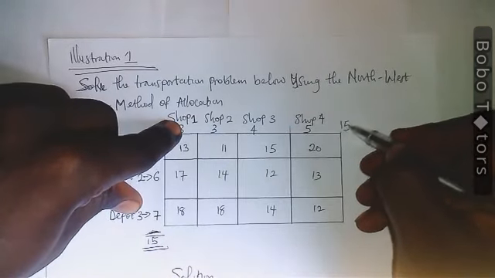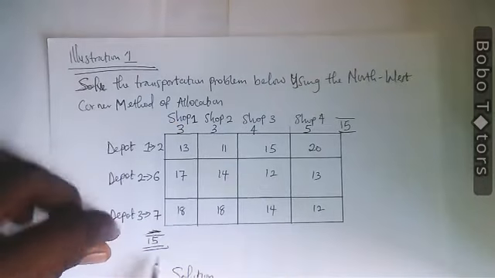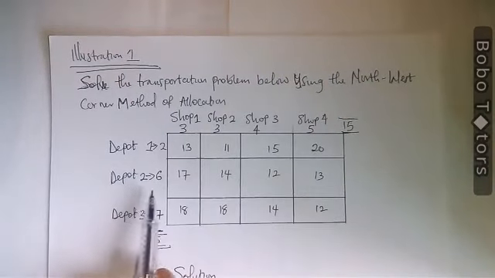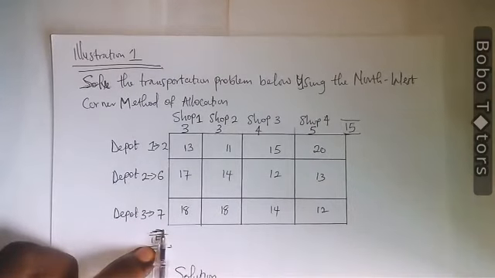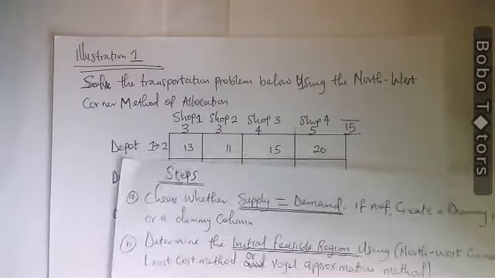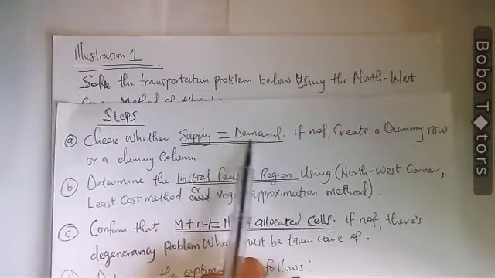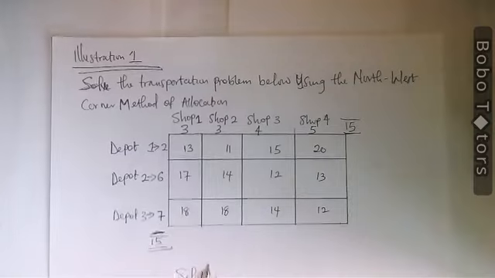You can see that my demand is equal to supply. So the first step has been taken care of. That's step 1: check whether supply and demand are equal.